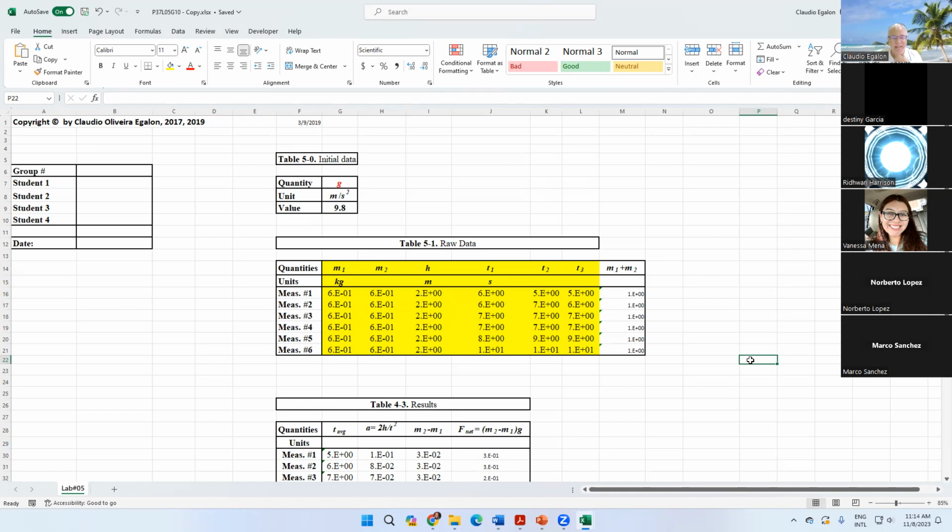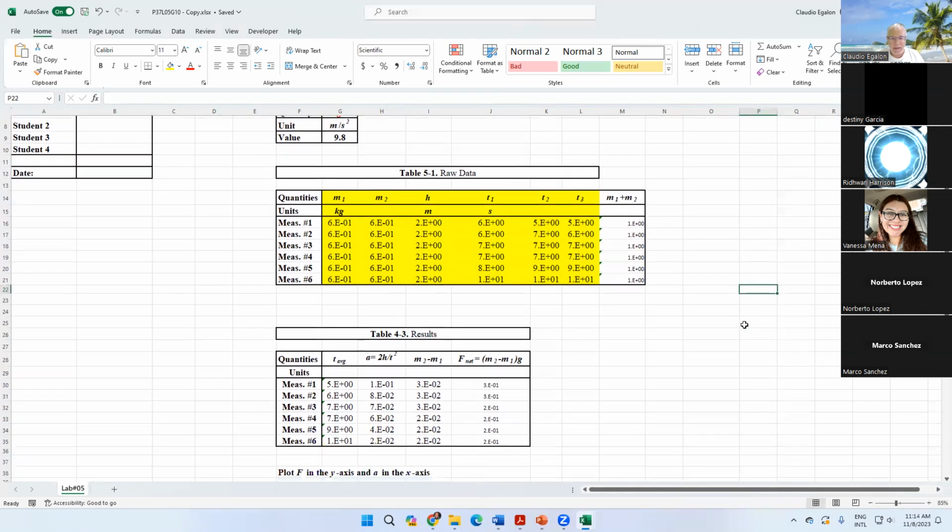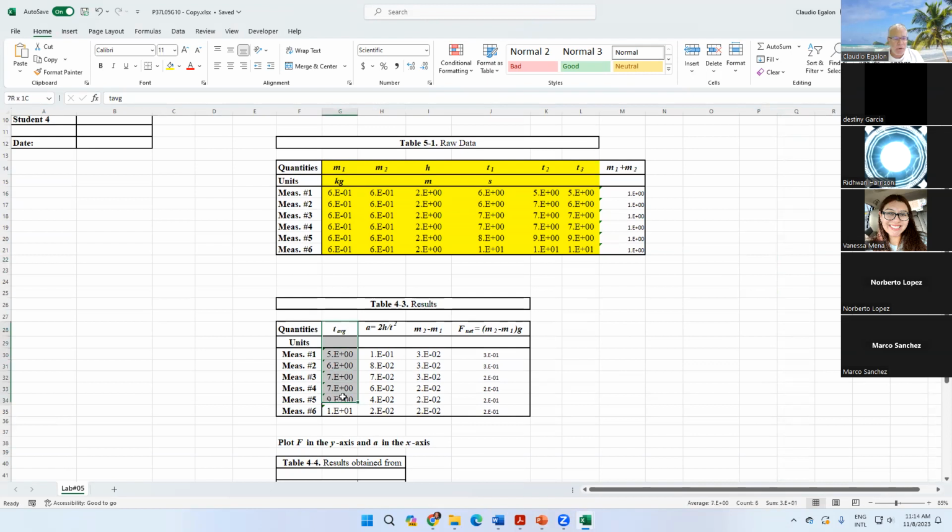What's next? Next, you're going to take the average of those 3 times. Okay, make sure you have the right number of significant figures. And then we calculate the acceleration of the system using the kinematics equation.